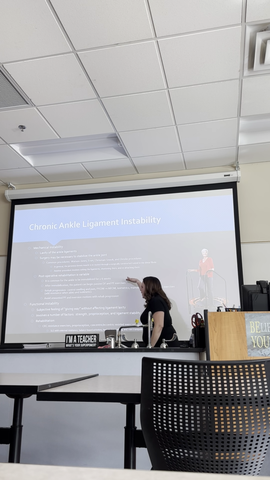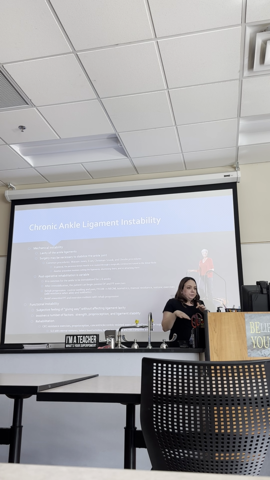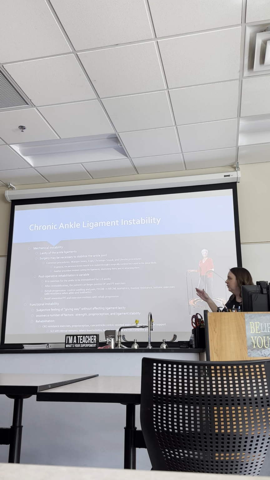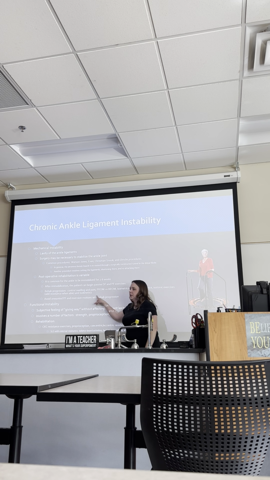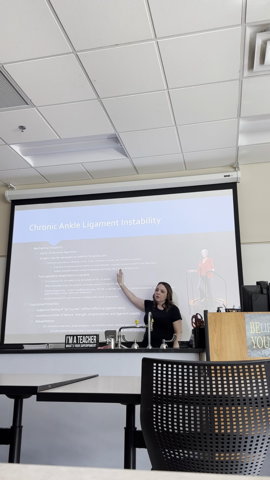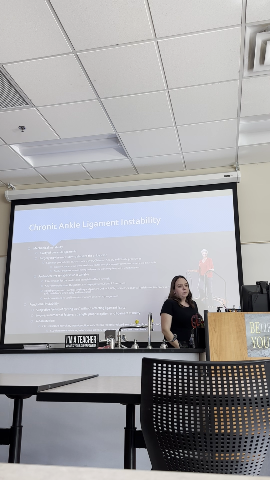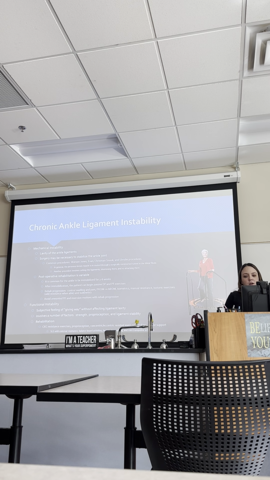That will be immobilized, and then you go back through your dorsiflexion, plantar flexion, open chain, and progress through all of your same progression that we've already talked about. They have usually chronic lateral instability, so avoid plantar flexion and inversion. And then these folks, you'll want to do a lot of proprioception because they've had chronic issues around their ankles.